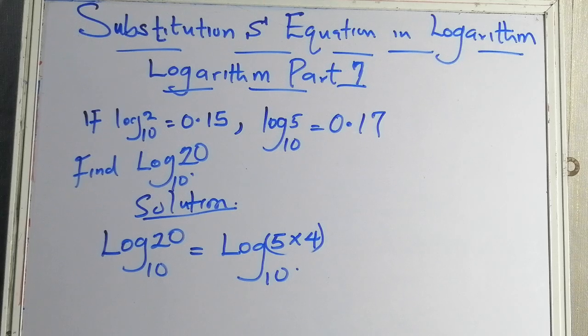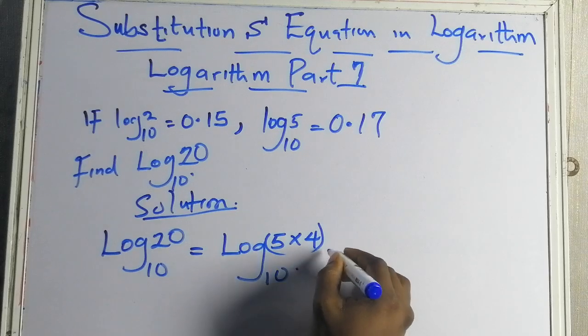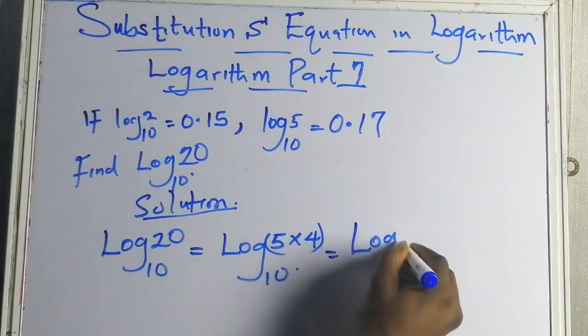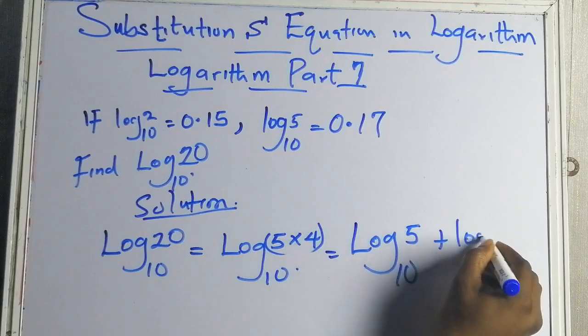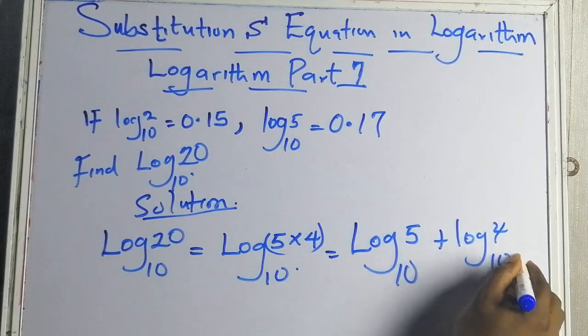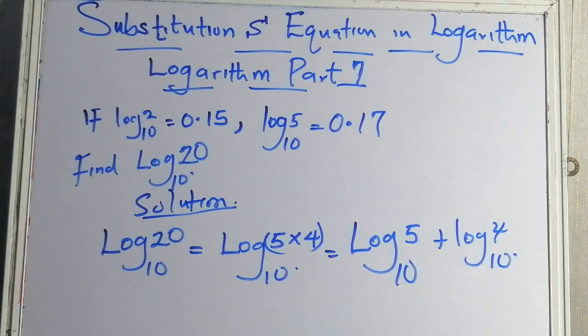From the law of logarithm, 5 times 4 is the same thing as log 5 base 10 plus log 4 base 10.